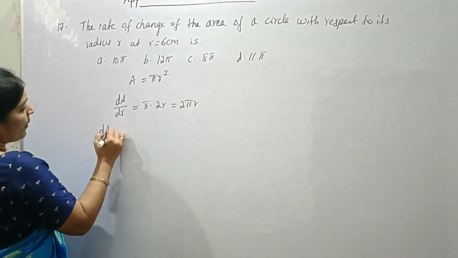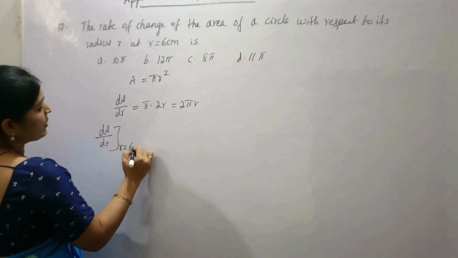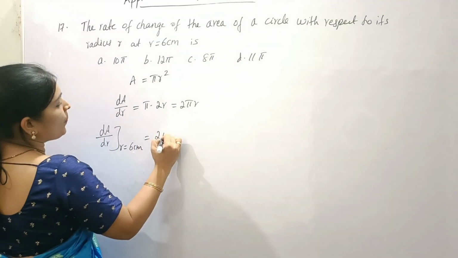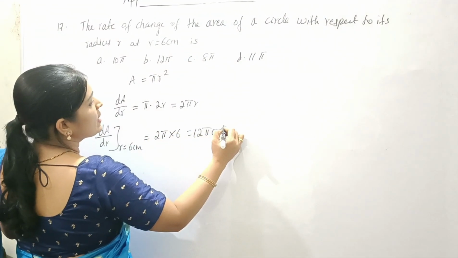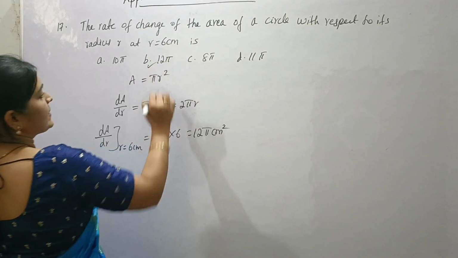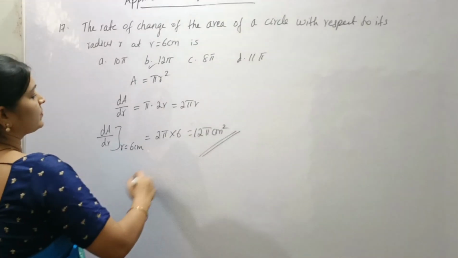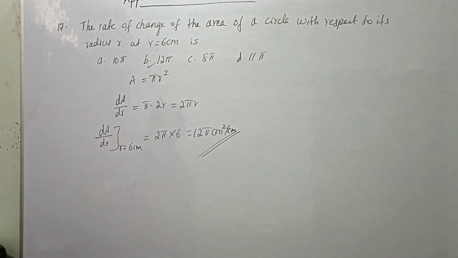And dA by dr when r is equal to 6 centimeter is 2 pi into 6, that is 12 pi centimeter square per centimeter. So 12 pi is the answer.